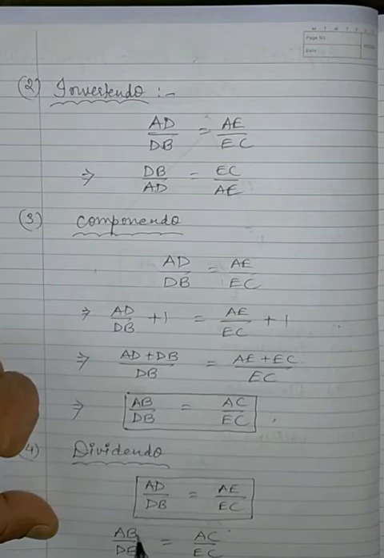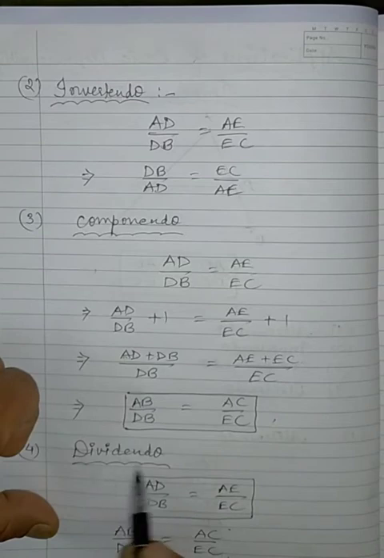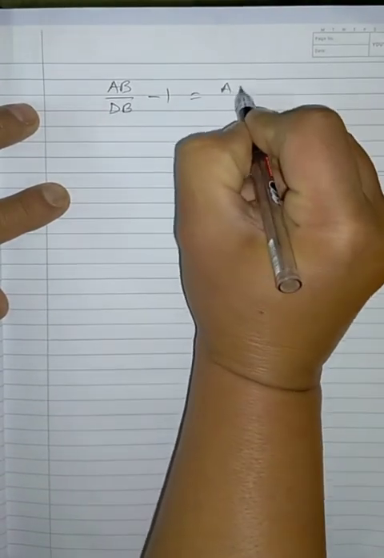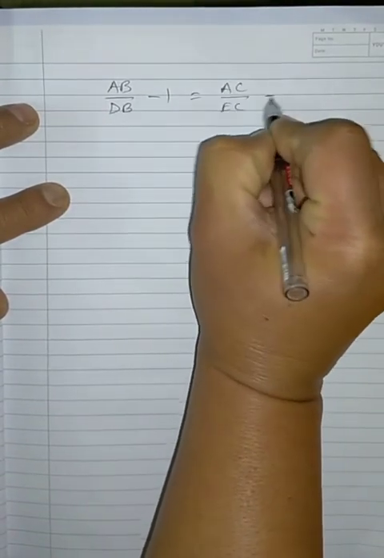Now out of this full side, you want the other part to be taken out. So other part of AB is AD because DB is already used here. Other part of AC is AE because EC is already here. So what you will do? In dividendo, we subtract 1 from both sides. So AB upon DB minus 1 is equal to AC upon EC minus 1.